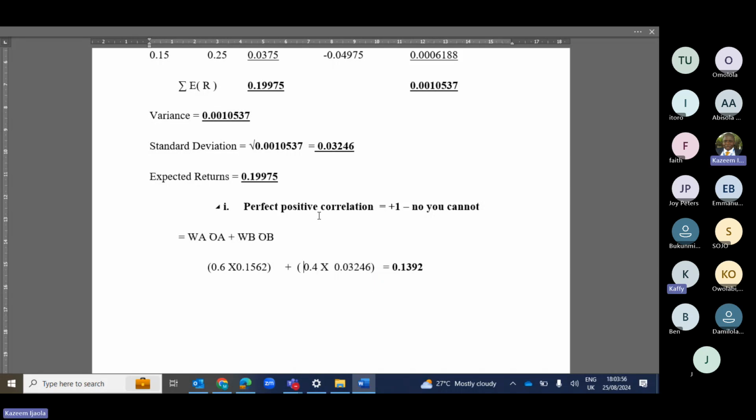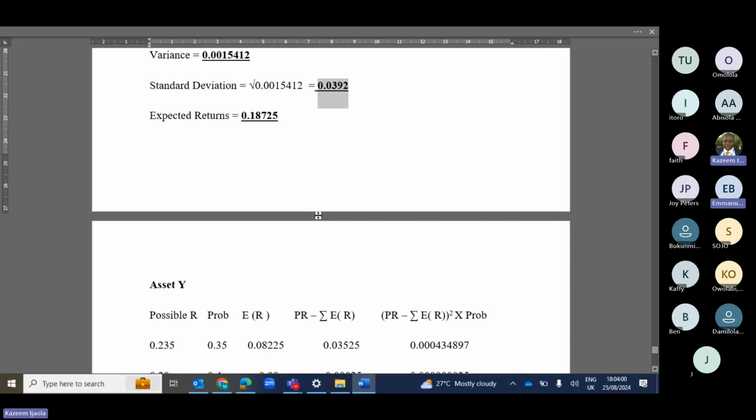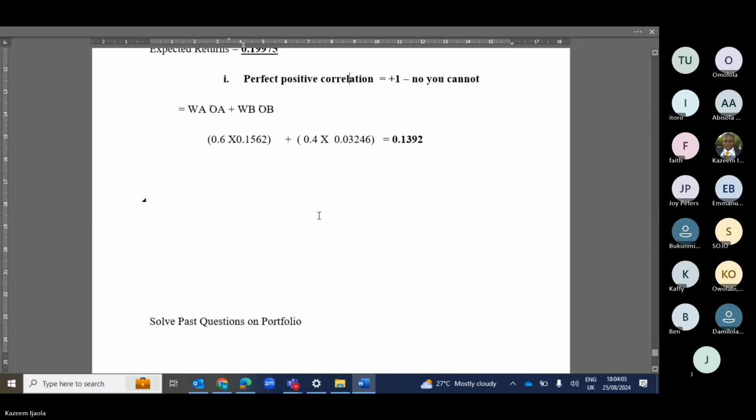Then this one, first one is what? 0.0392. 0.03. So what's the answer for this, please?